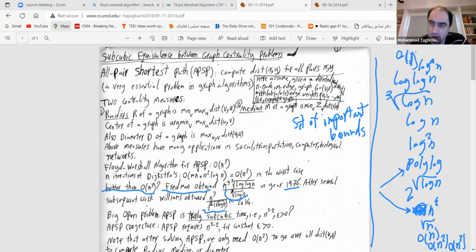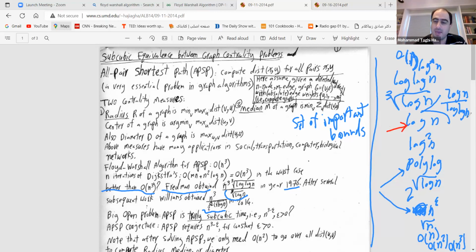When you are working on any problem, if somebody has obtained any of them, for example log n, actually there is one other thing, maybe I can just put it here in between these: log n over log log n. So these are a set of very natural bounds.